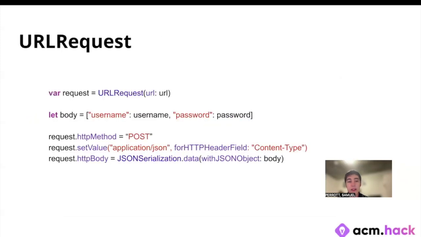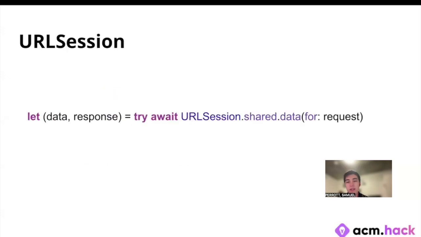from URL, which means that's automatically a GET request. But if you want to make, for example, a post request or just a general request, the way you'll do it is you'll create a URL request object, and then you'll set its parameters, and then you'll pass it into the URL session. And this requires await because this is an asynchronous operation.